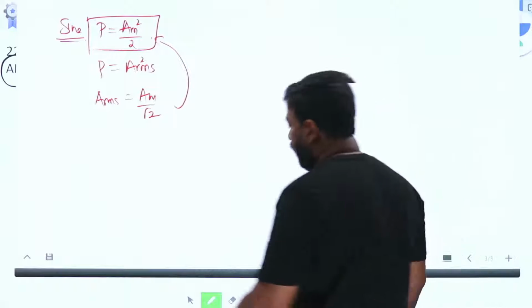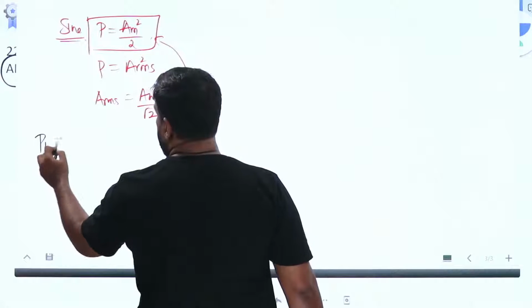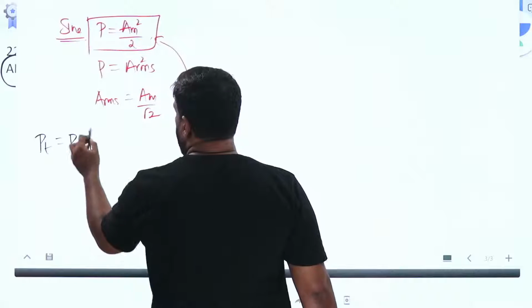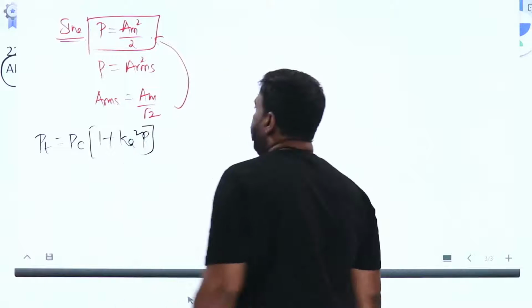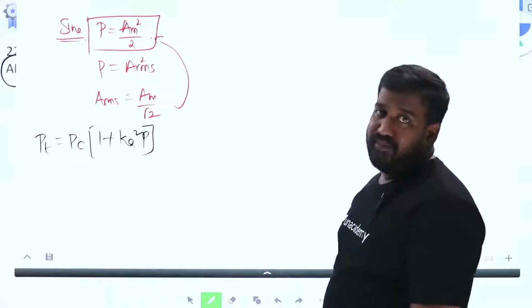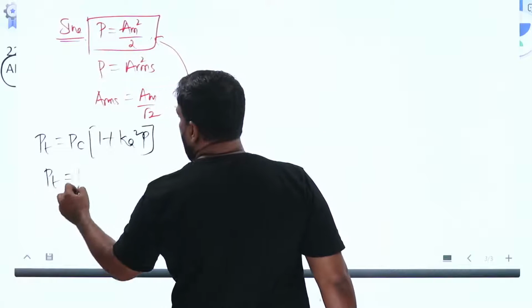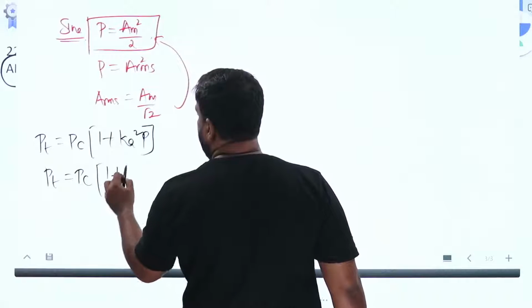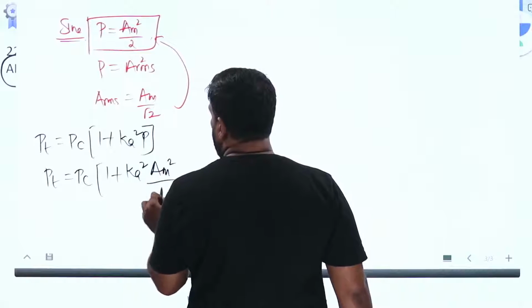Now if you calculate the total power, PT is equal to PC into 1 plus Ka square P. P is Am square by 2. Substituting, PT is equal to PC into 1 plus Ka square Am square by 2 for sinusoidal input.